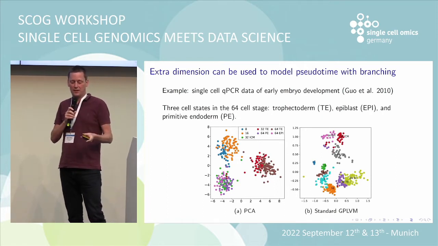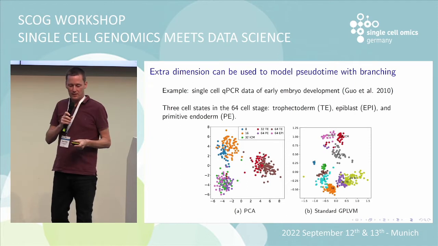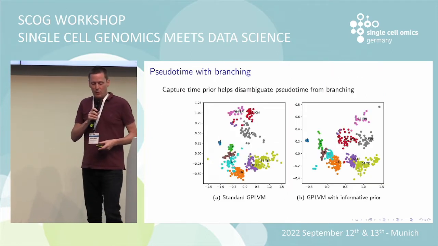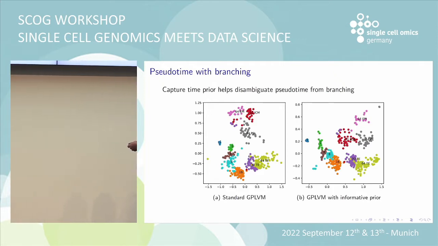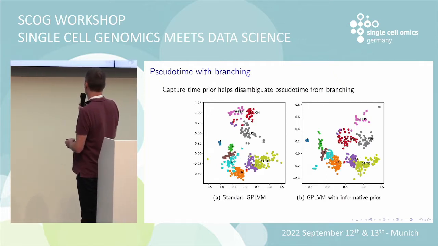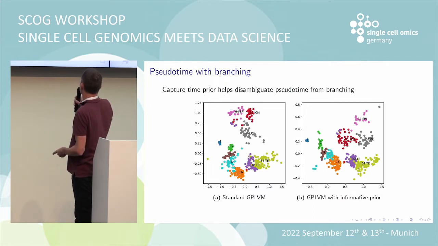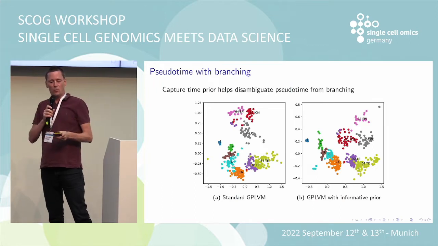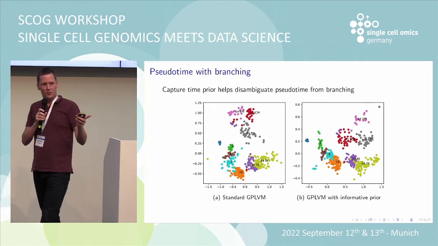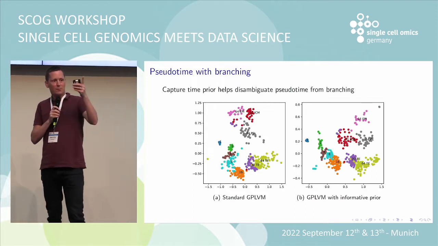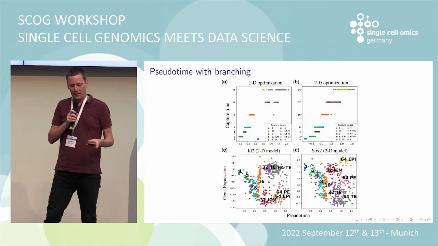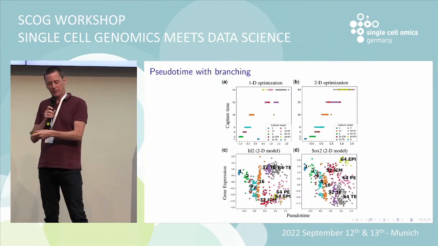It allows things to be more nicely clustered by using nonlinearity. But then if you put the informative prior on the x-axis, so you have these time labels on the x-axis, you can align the x-axis with developmental time, whereas the y-axis can capture other variation in data. And that allows you to do pseudotime along x, and then capture other variation along y. And then once you've done that, you can use pseudotime to look at individual genes.